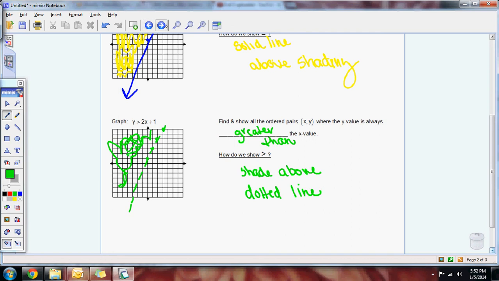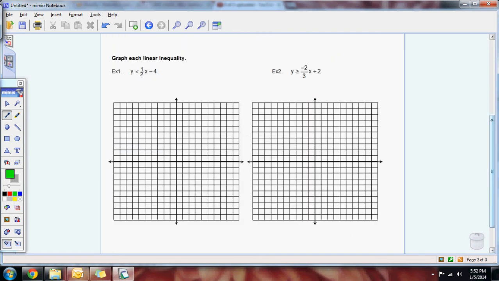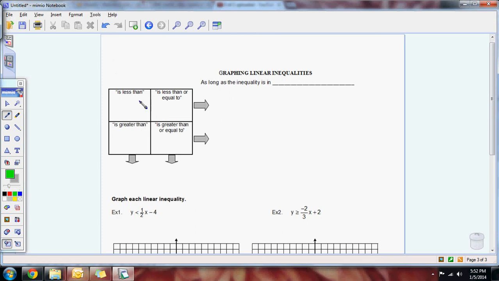Okay, so let's move to a little key that will help us graph linear inequalities. As long as the inequality is in slope-intercept form, these rules are going to apply. So just remember that these are our symbols. This is what they look like, if you forget. If you have something that's less than, then you're going to shade below.